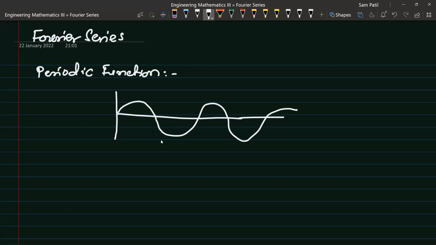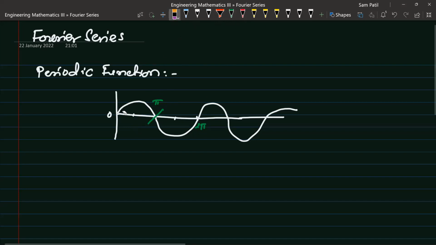This is 0, this is pi by 2, this is pi, this is 3 pi by 2, this is 2 pi, and so on. Forget about these intervals, we are not interested in them here. The basic idea is, if you observe, here it is pi and here it is 2 pi.